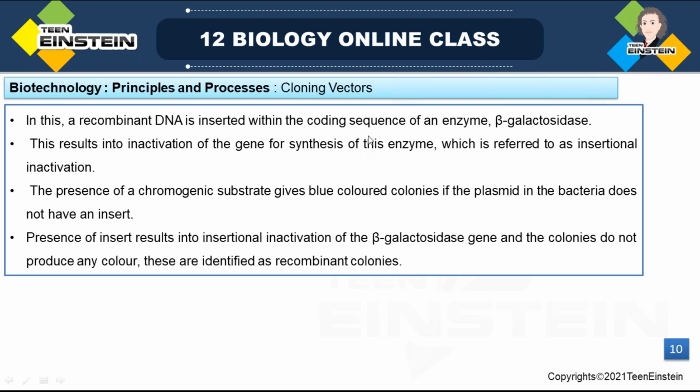So within the coding sequence of an enzyme beta galactosidase, a recombinant DNA is getting inserted. When we are inserting, due to that insertion and ligation, that gene will be inactivated for synthesis of this enzyme.